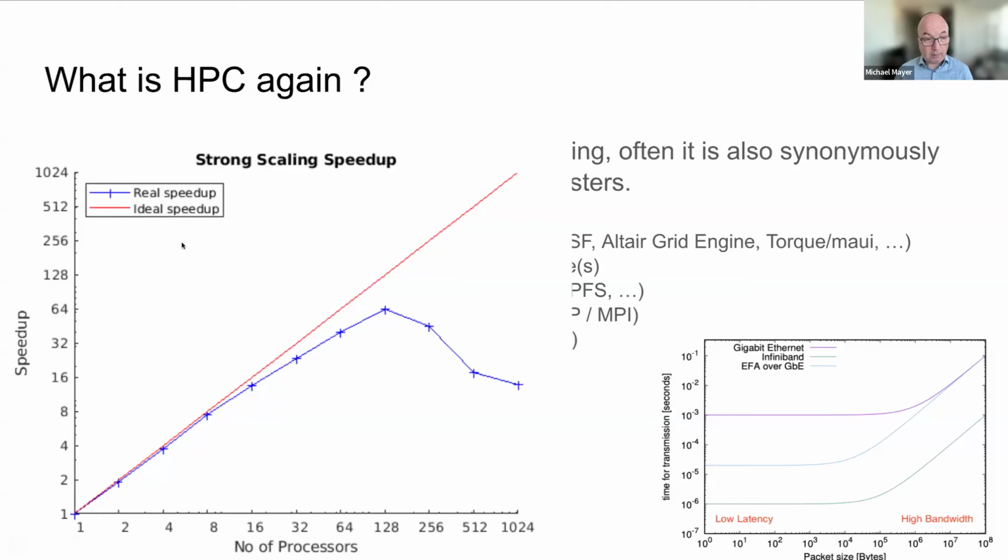As you can see here with the blue line, that is the actual measured speed up. It is very close to the ideal speed up for quite a while. However, at about 128 cores or so, something is happening that makes it less. The speed up is decreasing again, and why that is, we will get to in a moment.